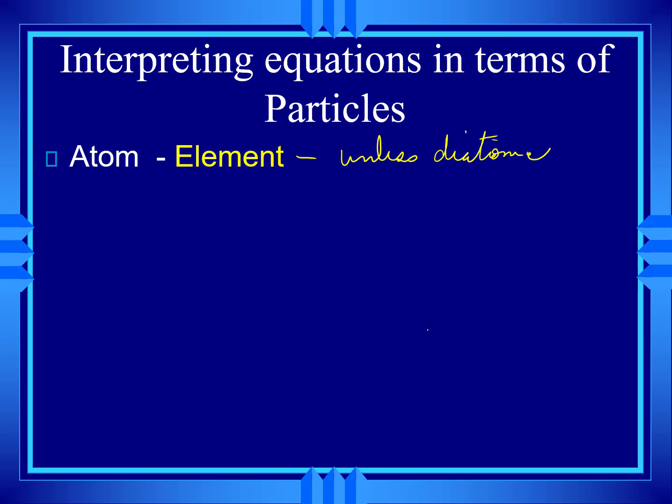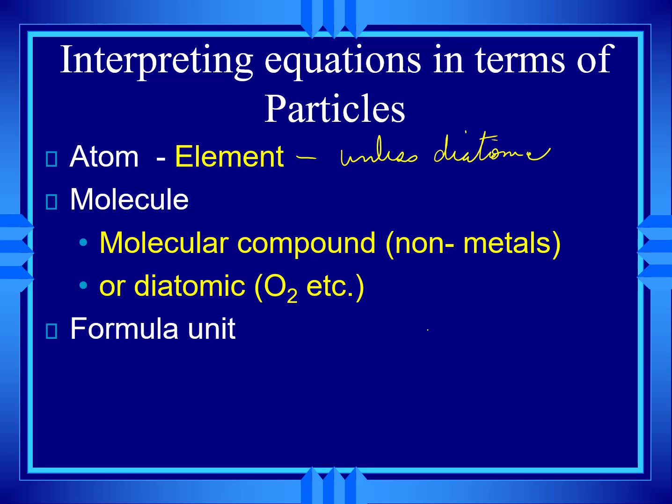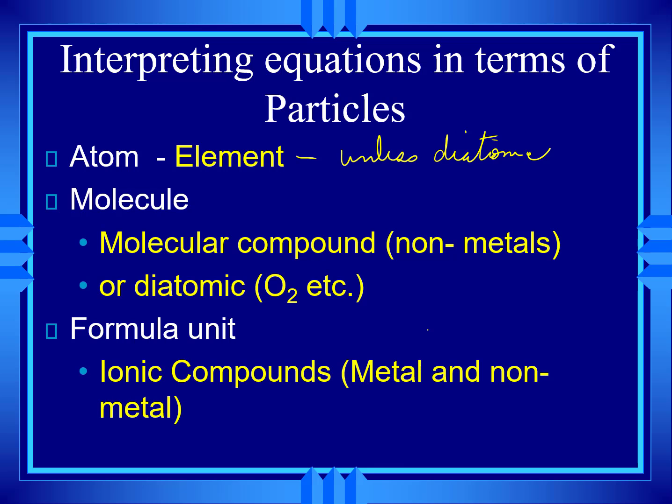You'd have molecules of something made up of just nonmetals, like carbon dioxide, the ones where we'd use prefixes when naming them. And then you also have molecules of the diatomics. The third type of piece, the one they don't mention until you get to chemistry, is the formula unit, and formula units are for ionic compounds. You'll know it's an ionic compound because it'll have a metal and a non-metal in it.